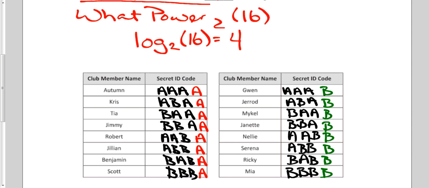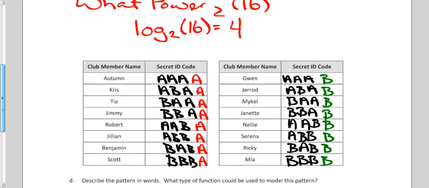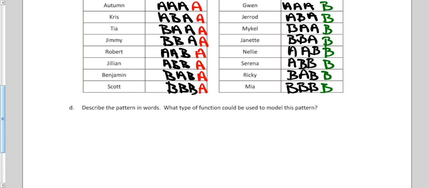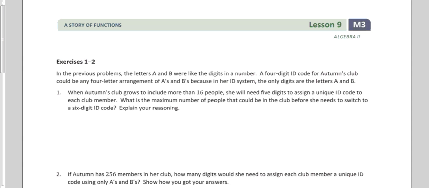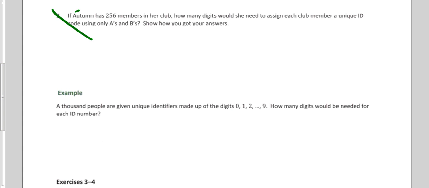All right. Oh, get this first. Okay. So, here's what I want to do. We're done with page 2, I believe. Oh, there's describe pattern in words, but we did talk about that. So I want you to go to exercise 1 and 2. I am going to give you your assignment due on Monday. We're not doing 2.